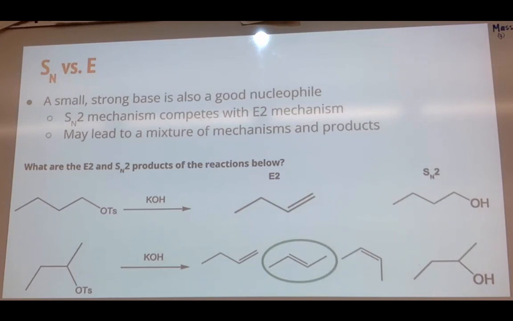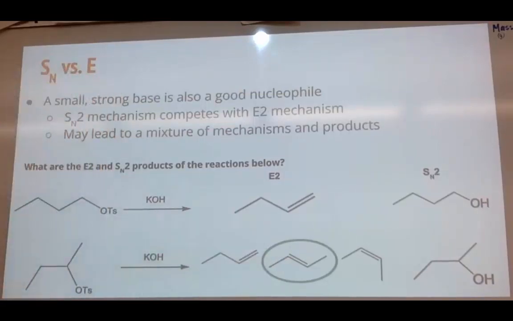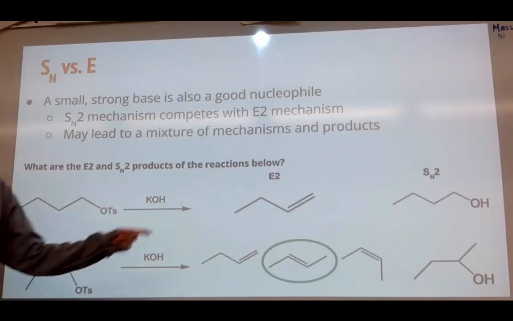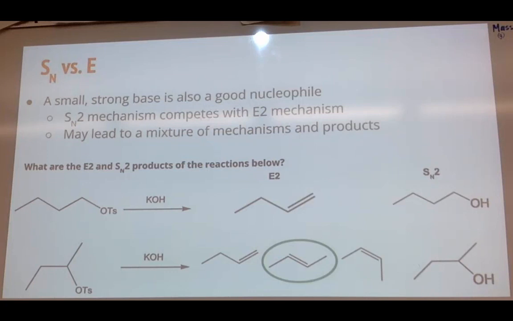It's the most substituted with the alkyl groups as far apart as possible. So the trans alkene is going to be the most favored E2 product versus SN2 that, again, the OH minus comes in, kicks the leaving group out, and adds to that alpha carbon. So we could potentially have E2 products and SN2 products if we have a small, strong base.